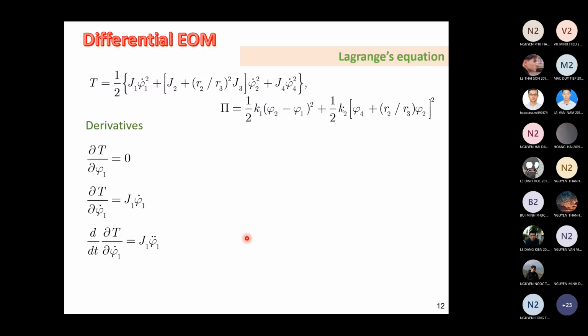This is the derivative of the kinetic energy with the first coordinate phi 1. And then this is for the potential energy, the derivative of the potential energy with phi 1. How about phi 2? Anyone can read for me? How about phi 2?